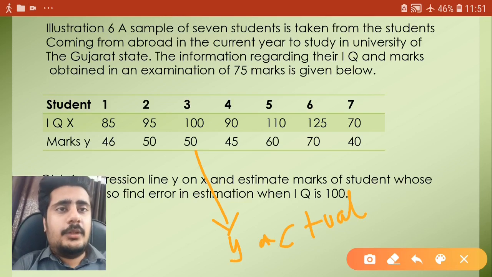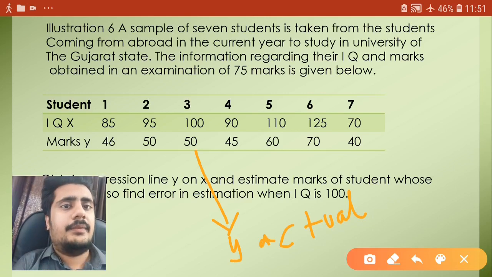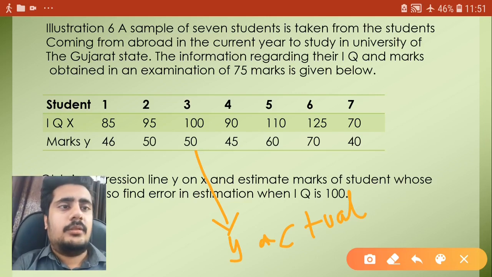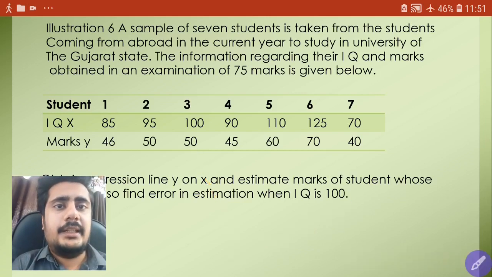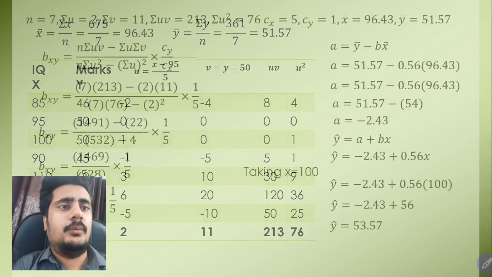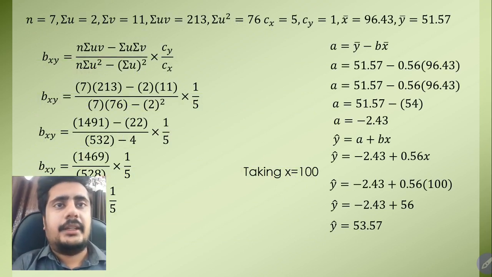So the formula of error is y minus y cap. So it is actual minus estimate, and we have found the actual. Then how will we find the estimate? We will find the estimate by putting the value x 100 in y cap.